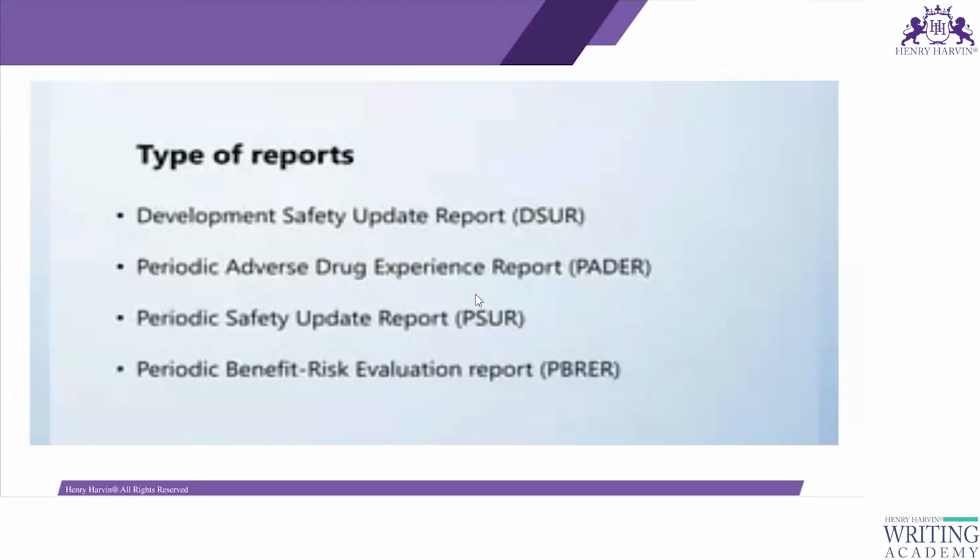PSUR and DSUR are submitted in the European Union and the rest of the world, and PBRER, the periodic benefit risk evaluation report, is the advanced version of PSUR, which is submitted in the European Union or, if not, in other developed countries. So these are the different types of aggregate reports, and more or less they all contain the same information.